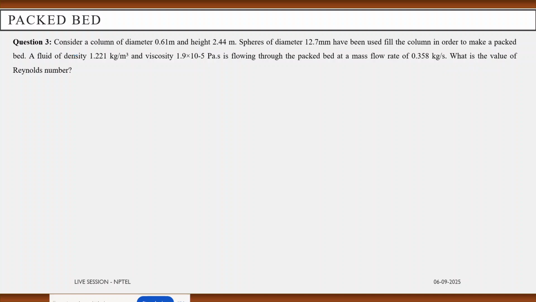Then what will be the Reynolds number? So let's solve this question.